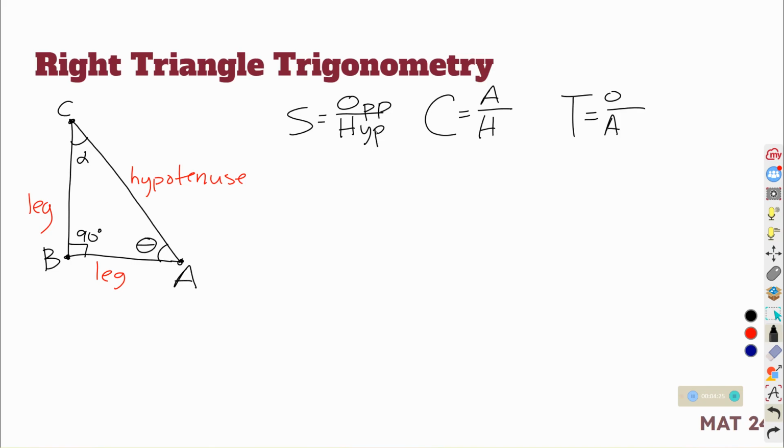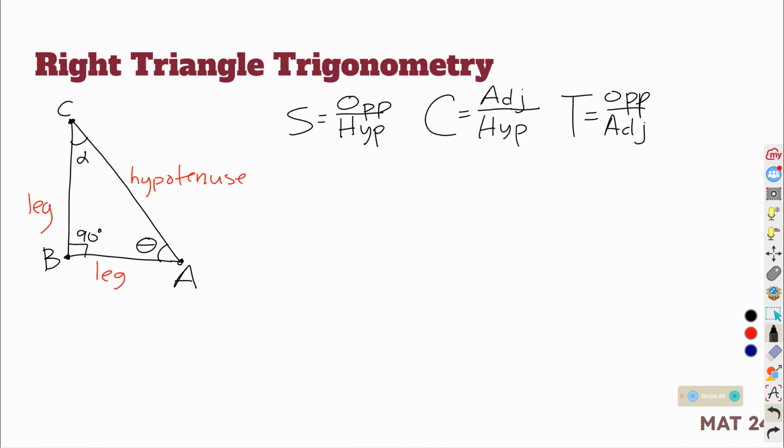We know that cosine is adjacent over hypotenuse. We know tangent is opposite over adjacent. SOHCAHTOA. I'm hoping that sounds familiar.